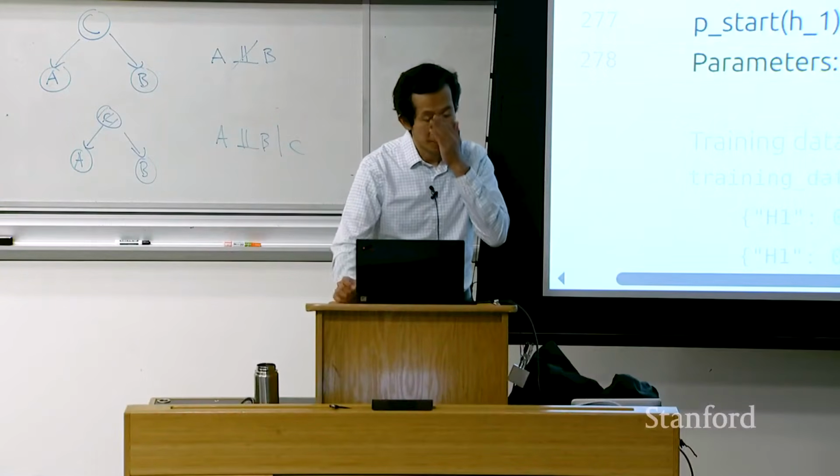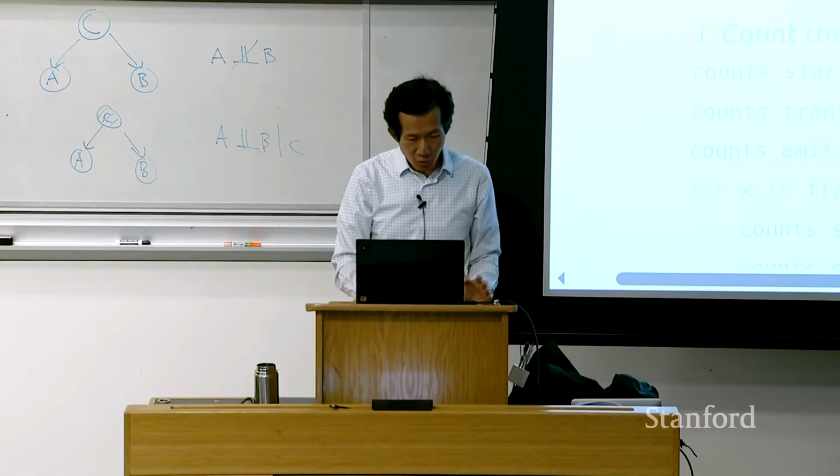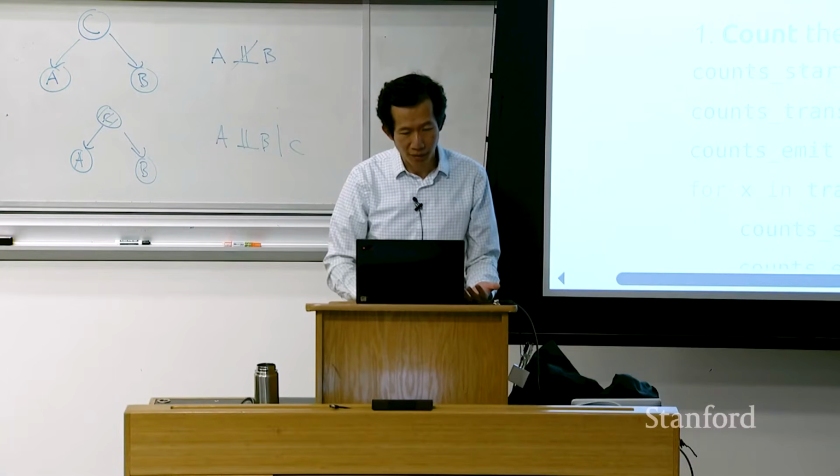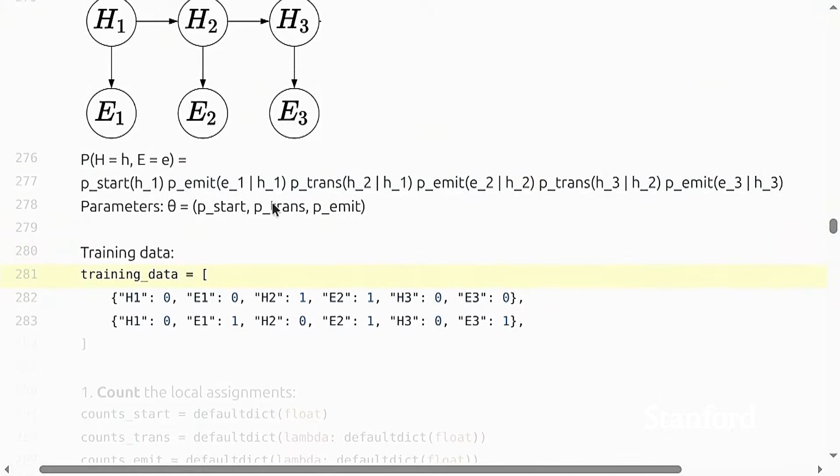Okay. All right, so what does training data look like? I'm going to assume the fully observable case where I actually do see the hidden states. So here I have H1, E1, H2, E2, H3, E3, and that is some set of values, and then I get another sequence and it's another set of values.